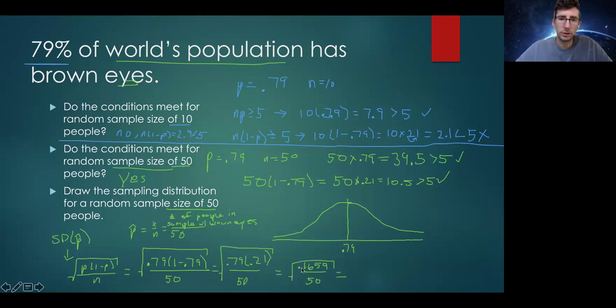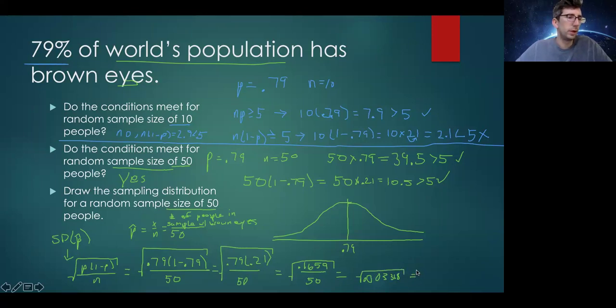So 0.1659 divided by 50 is going to be equal to 0.003318. And we still have to take the square root. Don't forget about that.